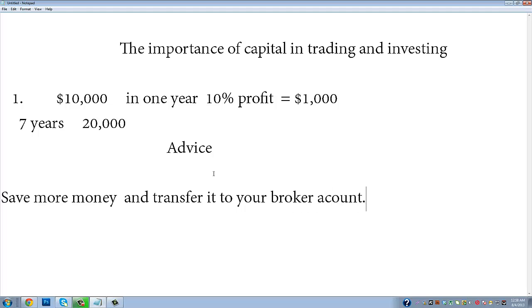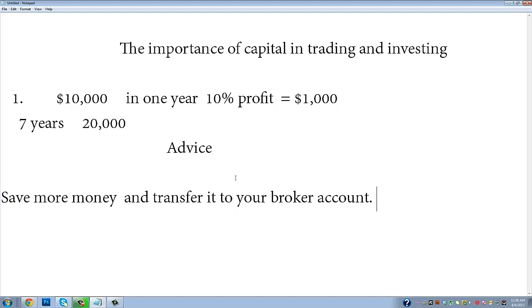You shouldn't always trade your whole account. You can use 10%, 30%, or 50% as you like, but don't play with all your money. This is just advice: save more money, transfer to your broker account, and trade or invest.